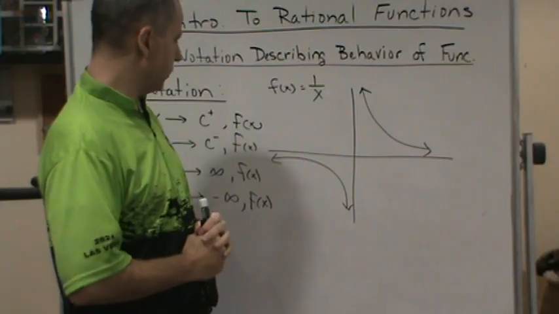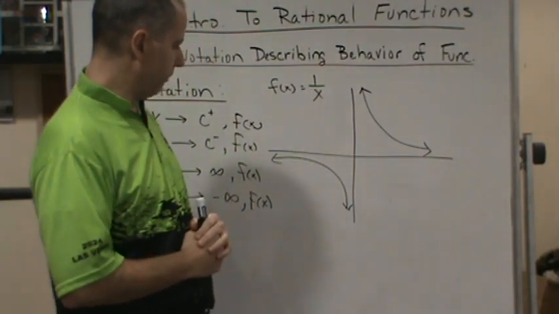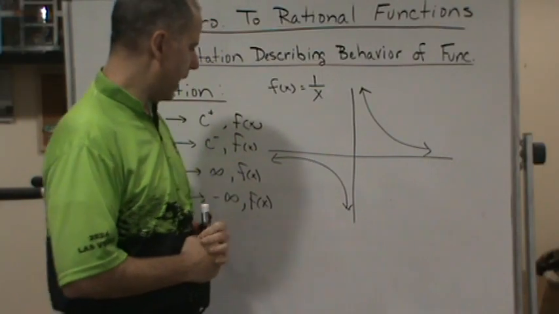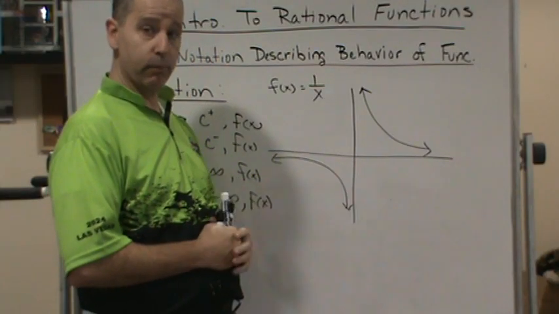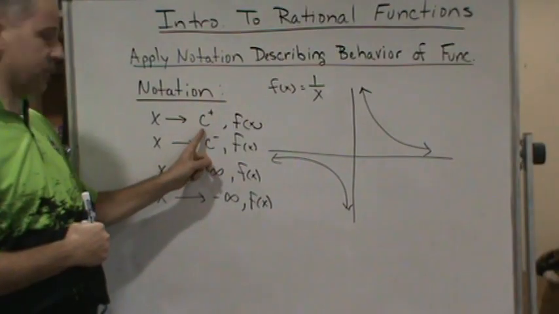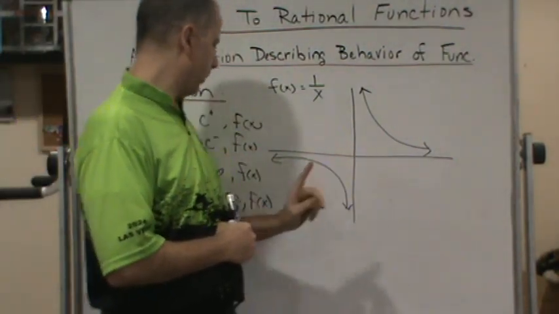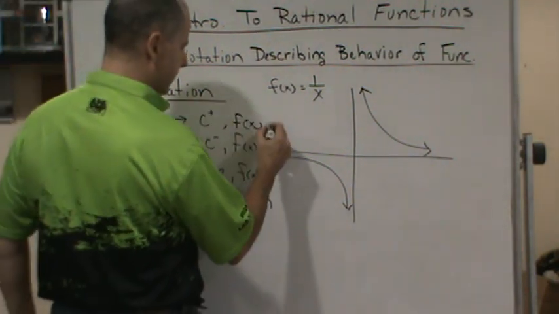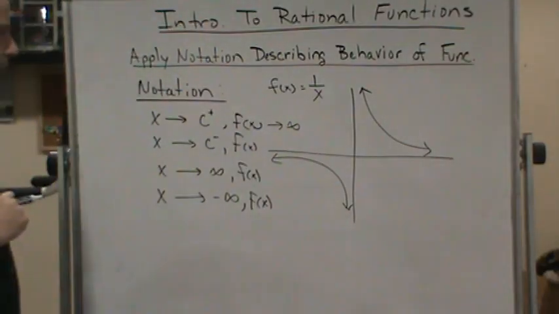And what happens? We have a vertical asymptote at x equal to 0. So what happens as we approach 0 from the right? That would be c, or the c value here is 0. As we approach 0 from the right, what is f of x doing? Well, f of x is approaching positive infinity.